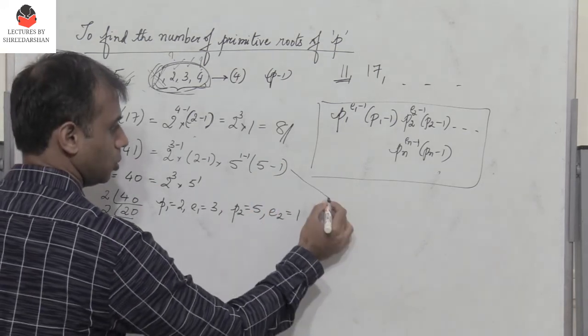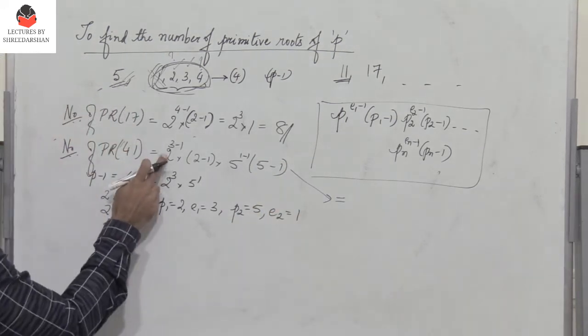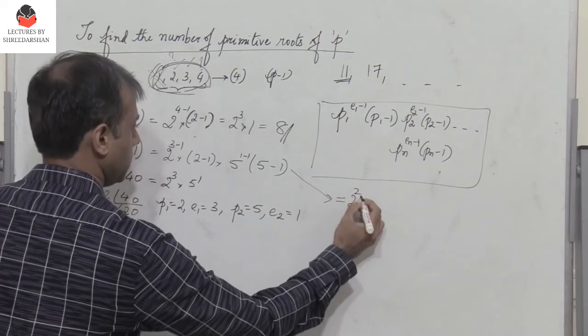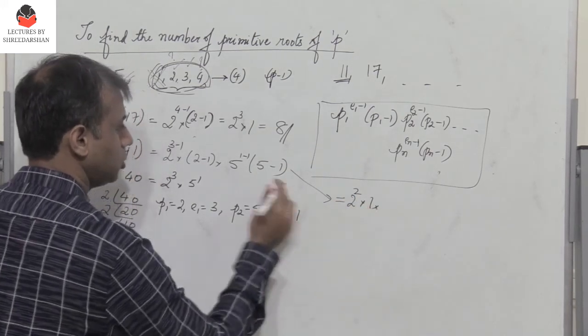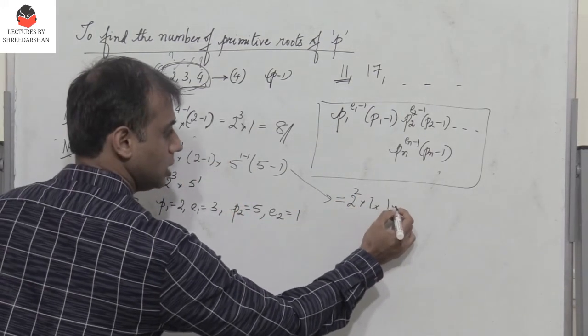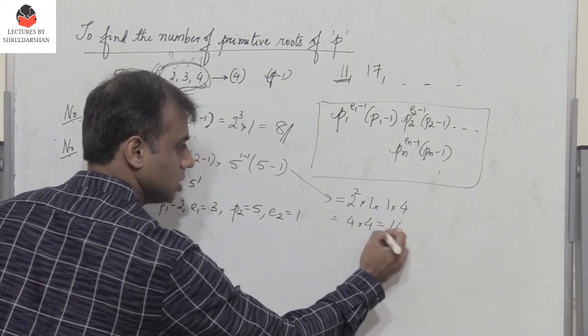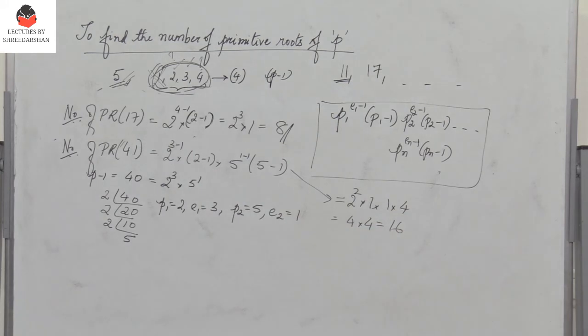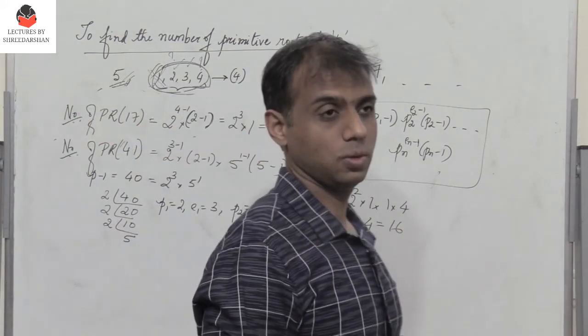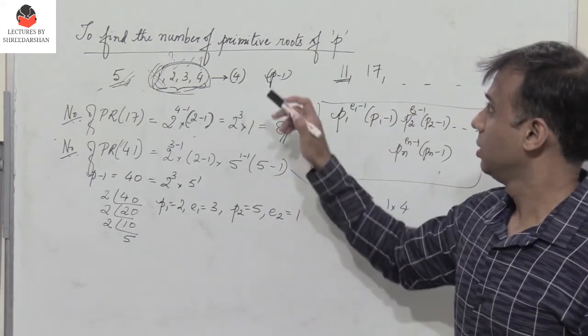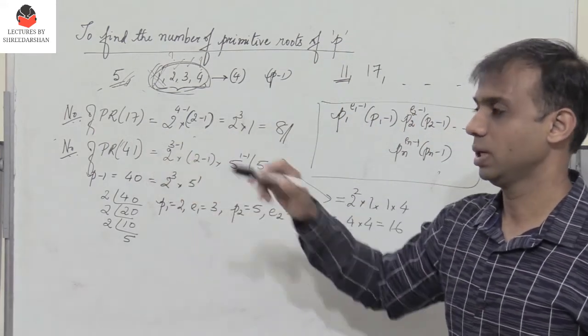So here what do we get? 2 square into 1 into 5 power 0 is 1 into 4. So I get 4 into 4, which is equal to 16. So what does this 16 indicate? It indicates that there are 16 numbers which are primitive roots of 41.